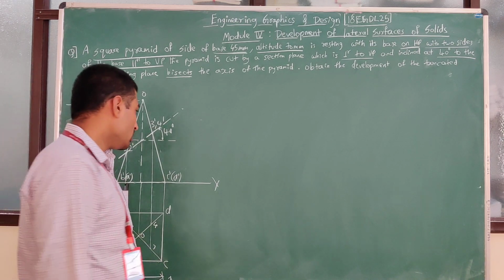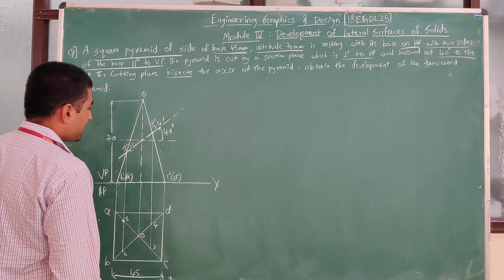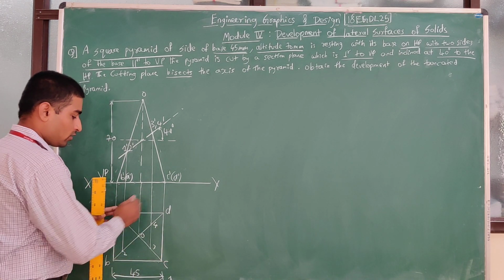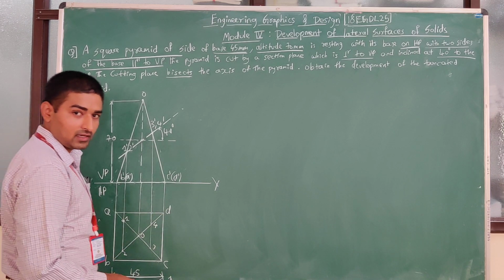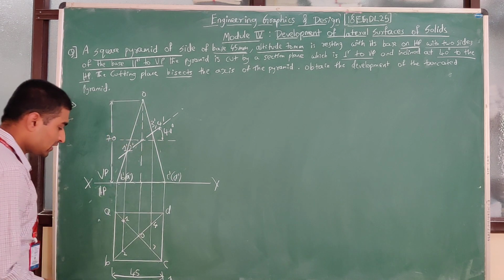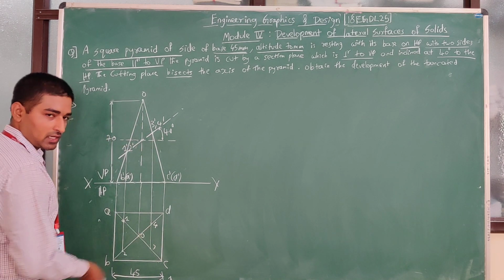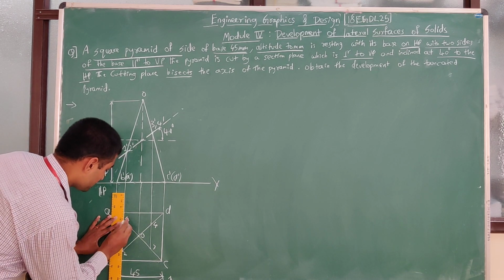Very clear? Okay. Now, once you do this, our main important part is what? The top view also should look like a cut plane. Now I have drawn the entire pyramid here, right? So the top view also should look like a cut plane. How are we going to do that? Once you have obtained all these points 1, 2, 3 and 4, just join them in order with a dark line.